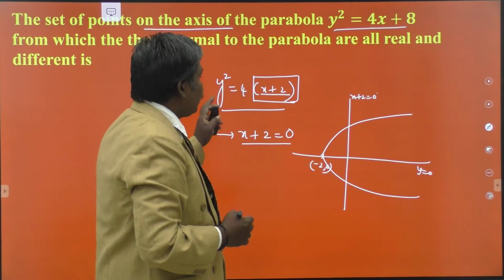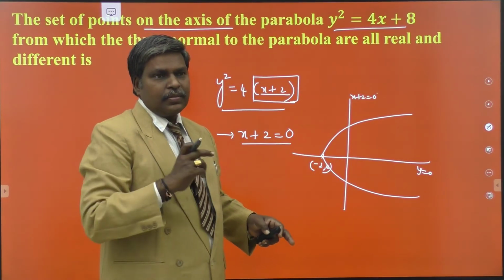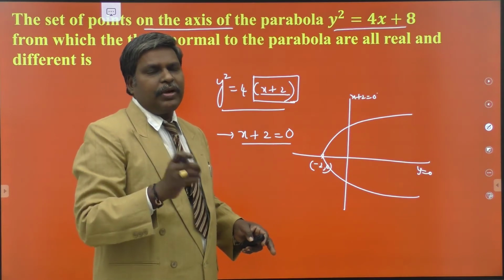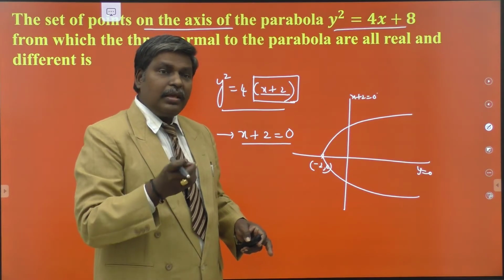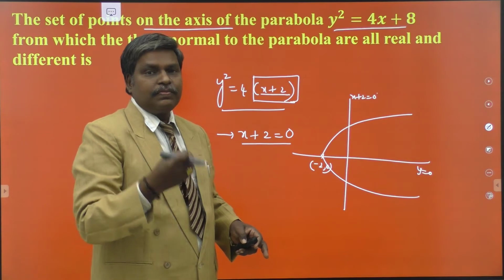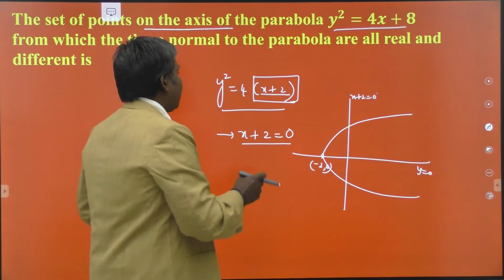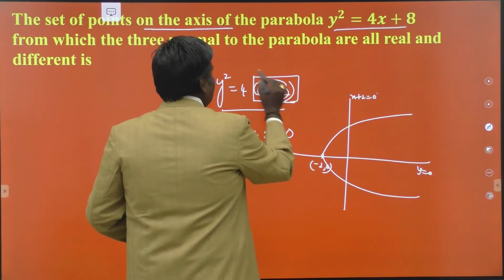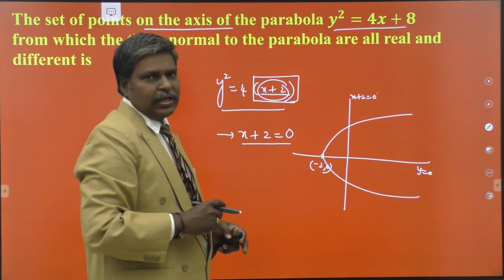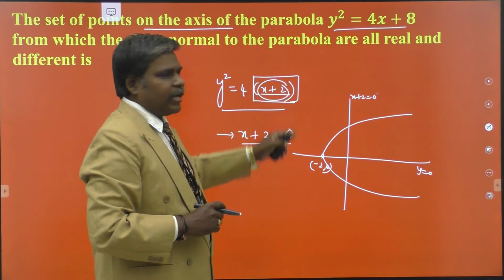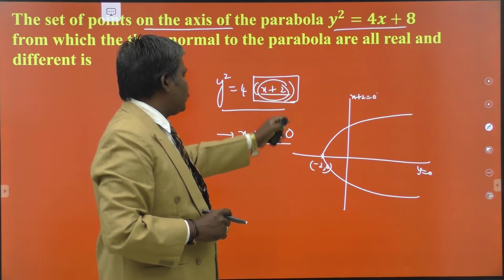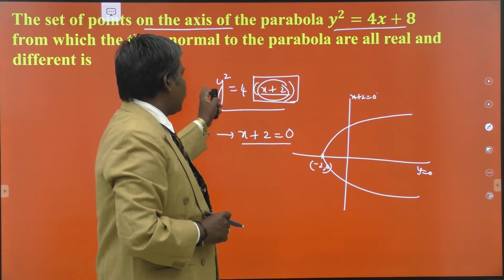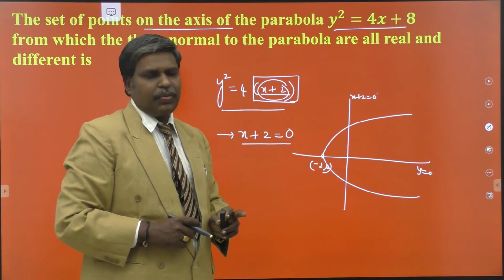So for y square is equal to 4x, 3 normals are drawn from a point to the parabola if x1 is greater than 2a. So instead of x1 you have to write x1 plus 2 greater than 2a. Instead of x, what do you have? x plus 2. x plus 2 equal to 0 is the tangent at vertex, y equal to 0 is the axis of the parabola.